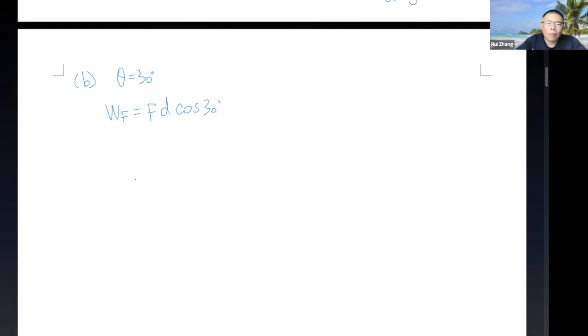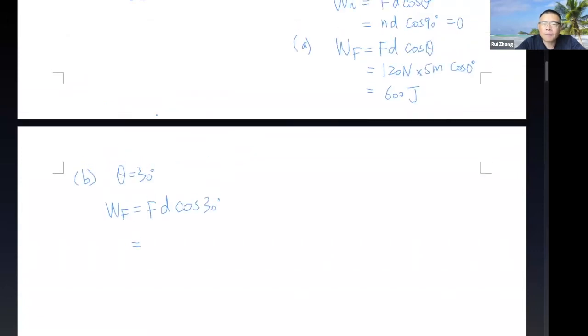Now plug in everything here. For the force, you have 120, and then distance, you have 5 meter, and cosine 30 degree. You just calculate it. It's like 0.8 something. Let me just do it. Cosine 30, yeah, 0.866.